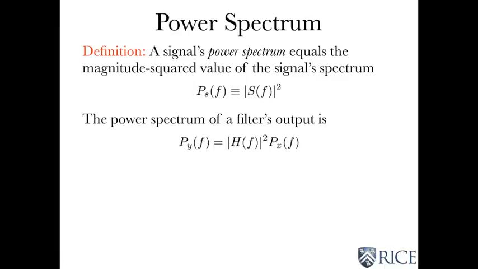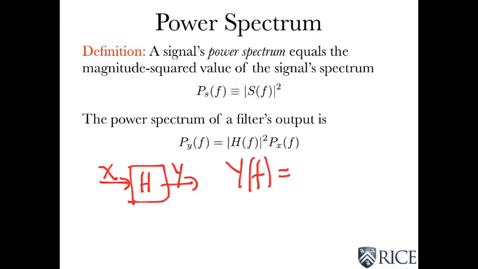Now, the next thing to talk about is this power spectrum at the output of a filter. So we know that if we have a filter here, which has X going in, transfer function of capital H, and Y coming out, that the Fourier transform of the output is equal to the transfer function times the Fourier transform of the input.